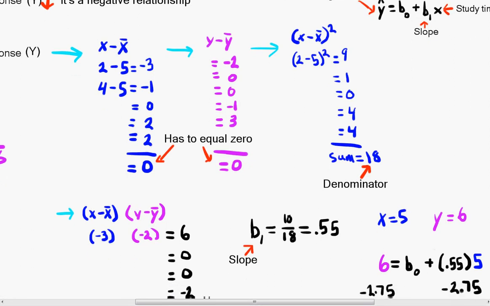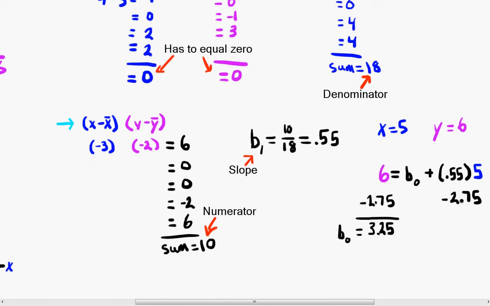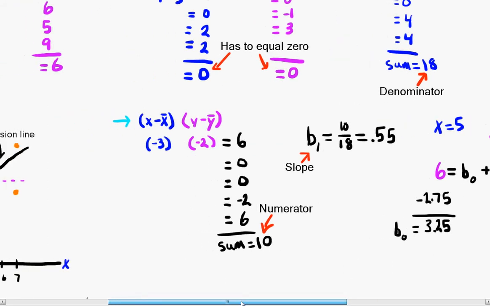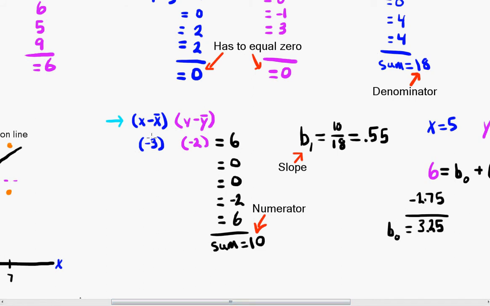Okay, now to find the numerator. So what we're going to do here is x minus x bar, which equals -3. And then we're going to do y minus y bar, which equals -2.